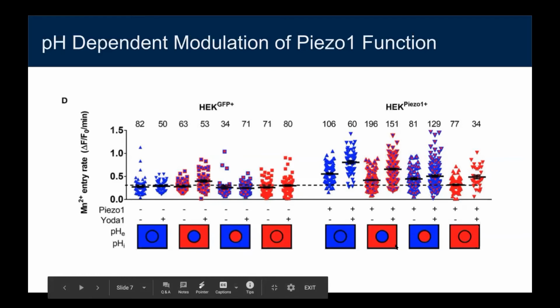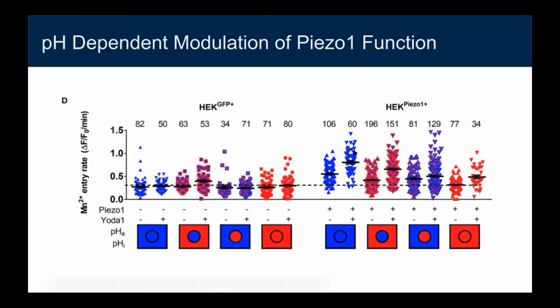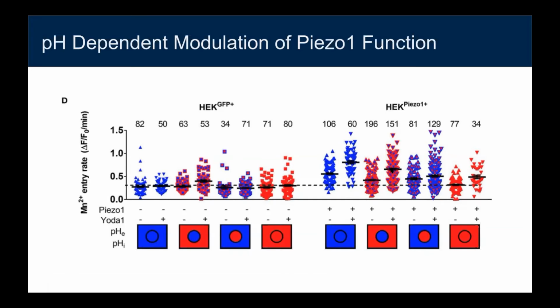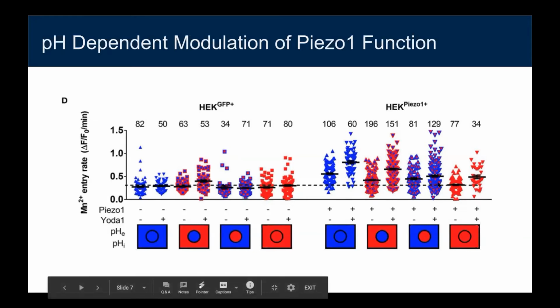And you can see in the entry rate of manganese or calcium, which is what it's supposed to show, that in these regular control cells, there's still a large increased entry rate. When you change the extracellular pH to lower, this entry rate is slightly inhibited, but when you change the intracellular pH, it's inhibited even more, so it has more of an effect.